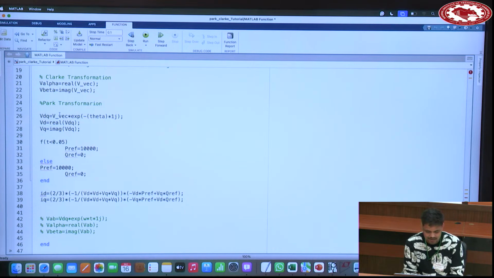First of all, the vector V back is to be retarded, the speed is to be reduced by theta r. So one exponential term, minus j theta, is multiplied in the equation. Then Vd is the real part of Vdq, and Vq is the imaginary part of Vdq.